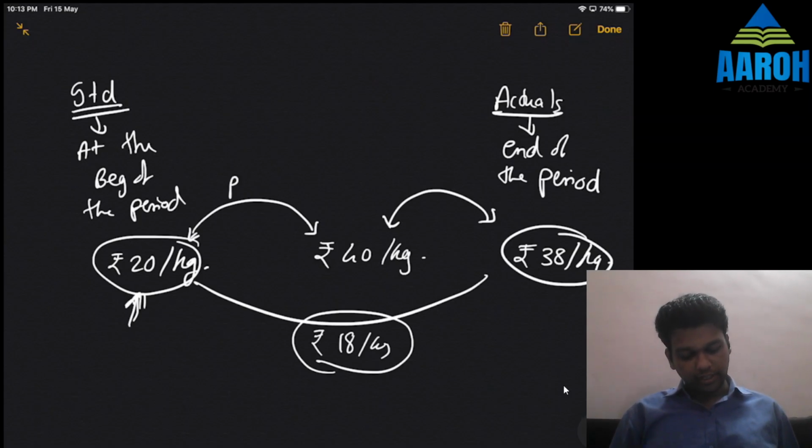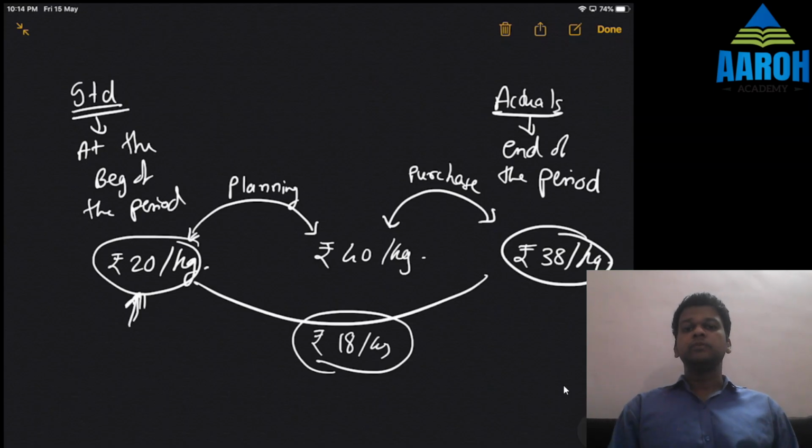This variance arose at the time of planning, because we planned for 20, we did not know it would go up to 40. And this other variance actually arose at the time of purchase, that is when we were actually executing the production or purchase of that raw material. So under this planning and operational variances approach, we try to divide our traditional variances further into subparts.